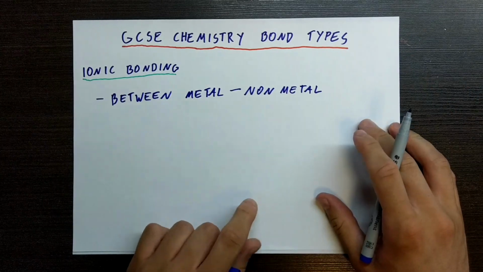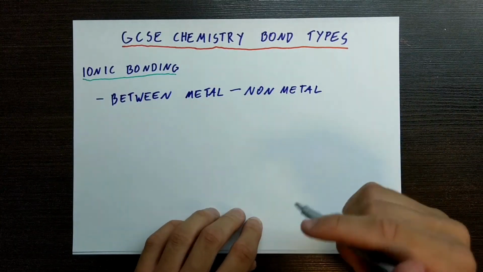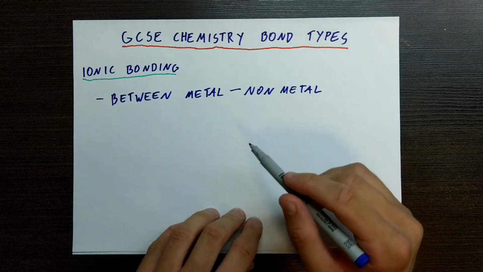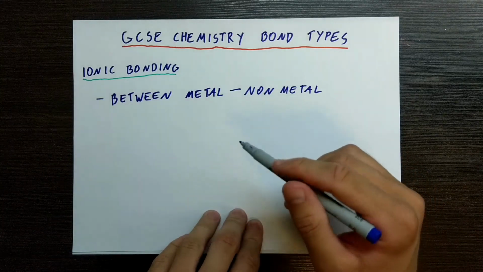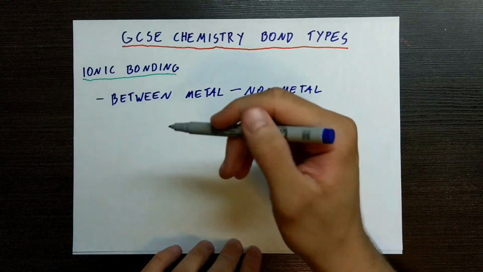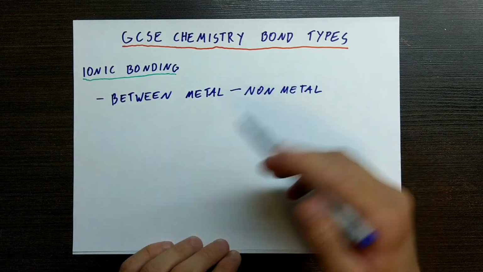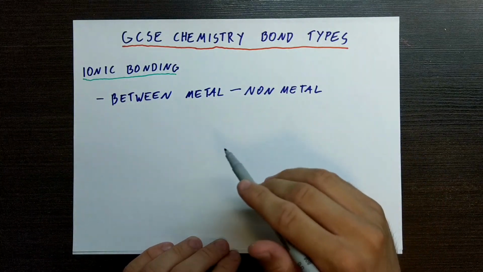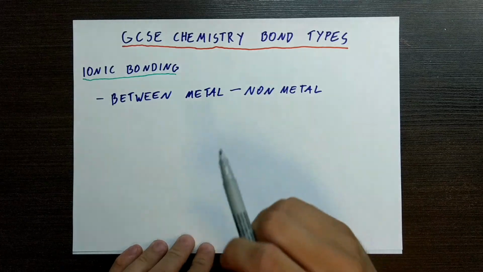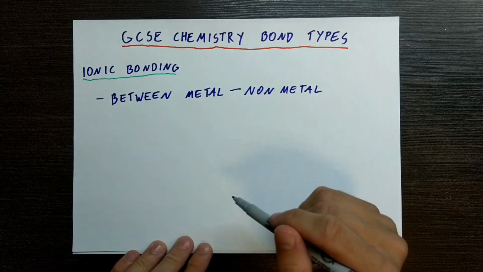That's what usually happens in ionic bonding, and of course this is important because ionic bonding is all about giving and taking away electrons. That's important to remember. Ionic bonding is all about taking electrons or giving electrons.